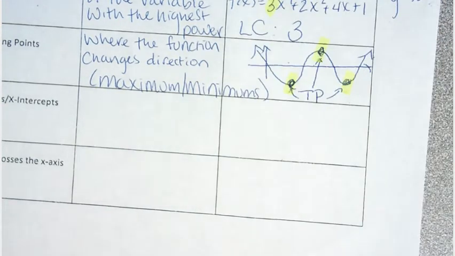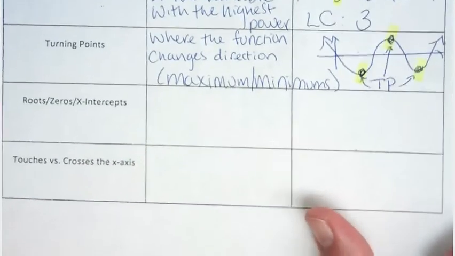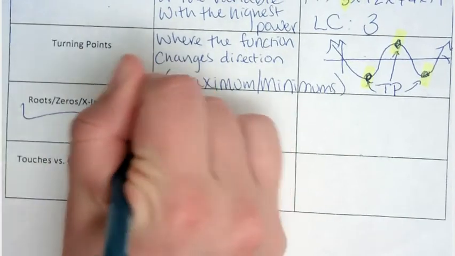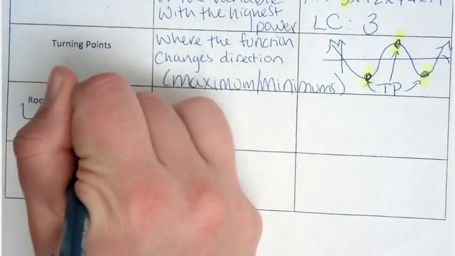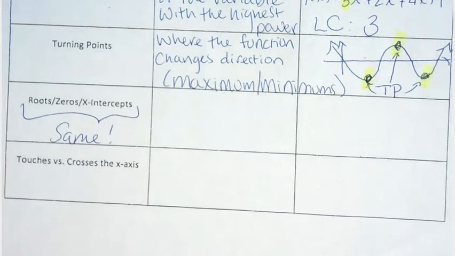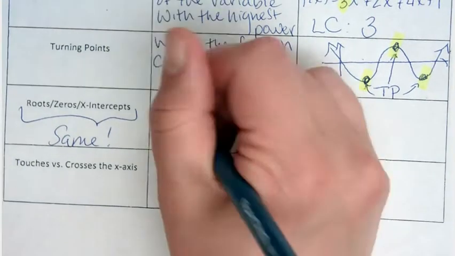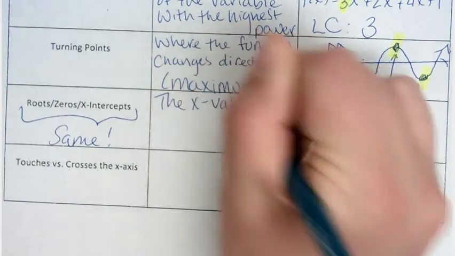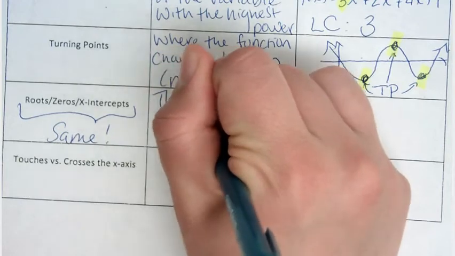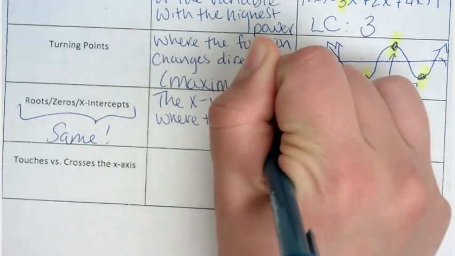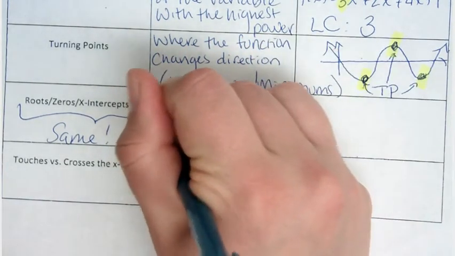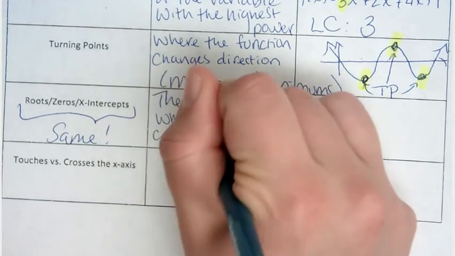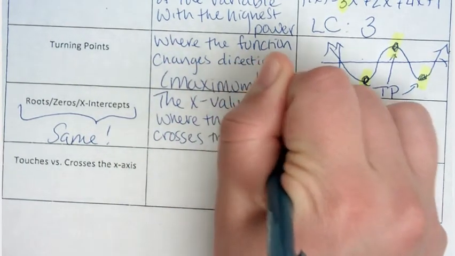Roots, zeros, x-intercepts. So these 3 words all mean the same thing. These are the x values where the graph crosses the x-axis.